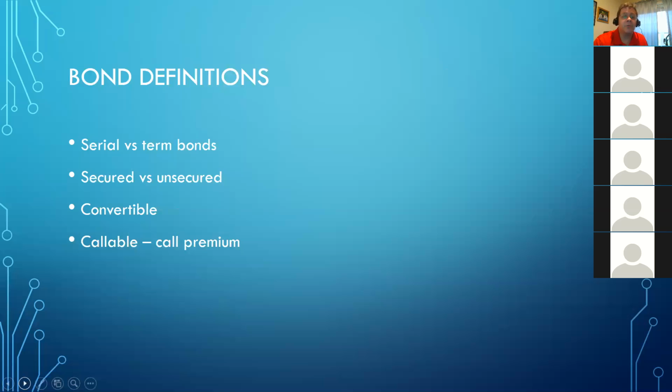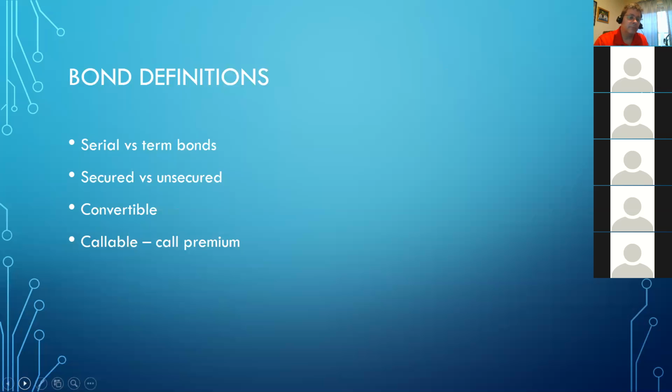And the same thing happens with bonds. If a company borrows money and promises, if they don't pay it, to give you collateral, give you assets, give you a building, give you equipment, then it's secured. If they have no promise, they just promise to pay you, they don't have anything to give you, it's unsecured.